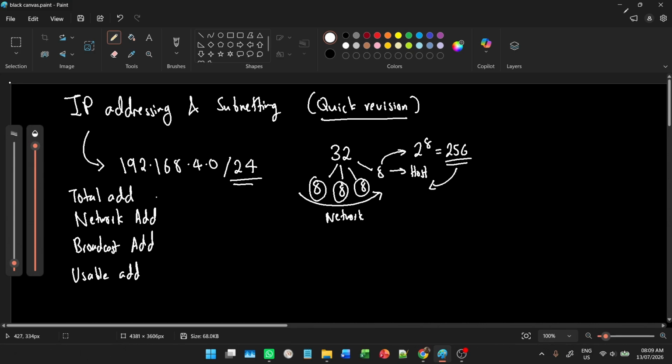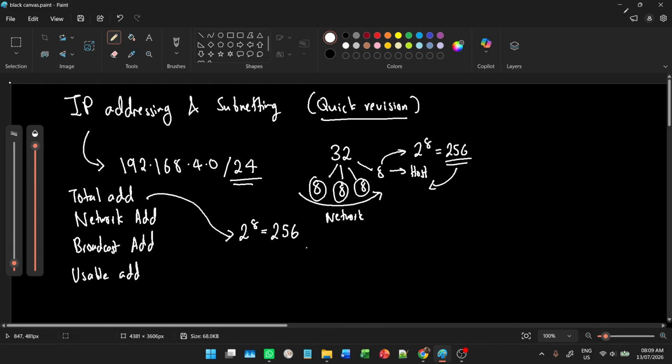So to find the number of total addresses, I believe I have already demonstrated here. We see how many bits are free, that are host bits, and then we go 2 to the power 8, giving 256. So you might say, okay, we can use all 256 of those addresses, all of them are usable, right?